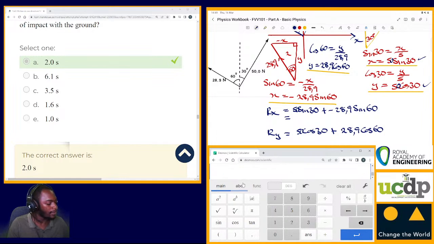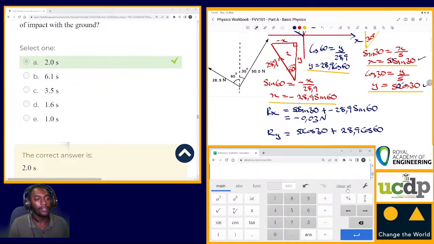Let's just clear that. 50 sine 30. Okay, that becomes negative 0.03 newtons.